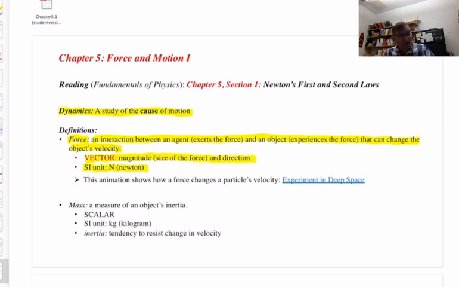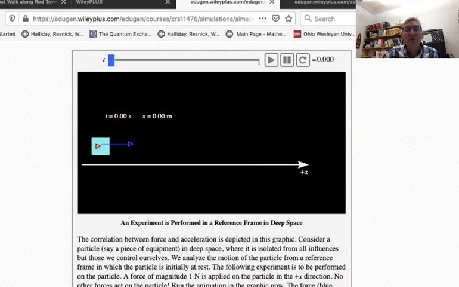All right, let's go to our first animation for this chapter, in which I want to demonstrate what I mean by my description of force as an interaction between an agent and an object that can change the object's velocity. I want to show you an animation where a force changes a particle's velocity. So let me transition now to a WileyPLUS animation.